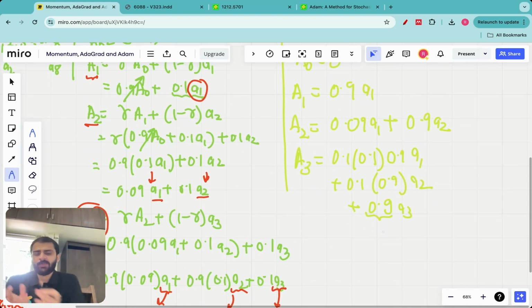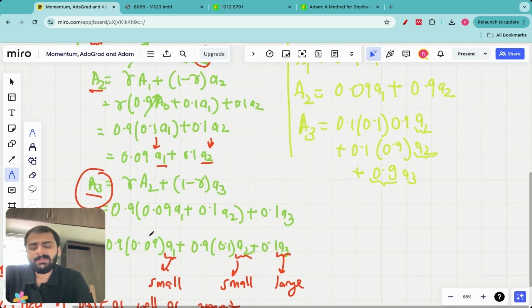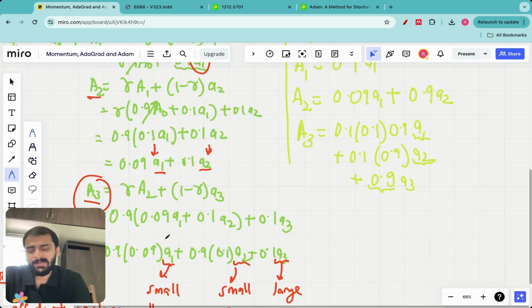One thing is the same for small gammas as well as for big gammas: if something is way behind in the past, it carries much less importance. If you look at the coefficient of a1, it is very small compared to the coefficient of a2, and that's the same for a large gamma as well. So the past carries much less importance than the present, for a low gamma as well as a high gamma.